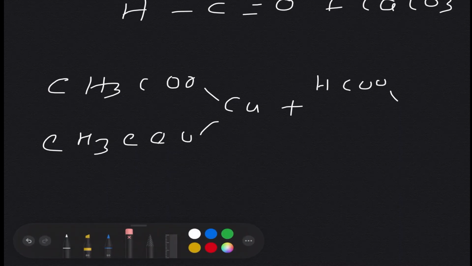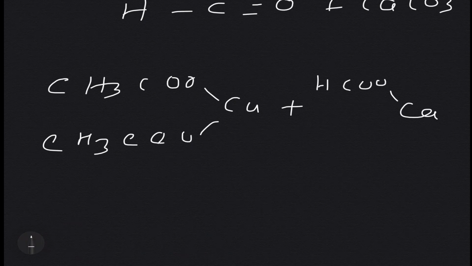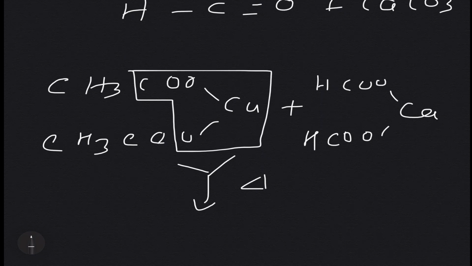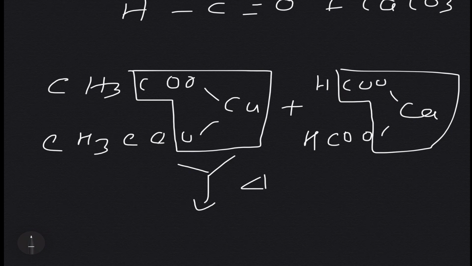This is a mixed formation. If you want to get acetaldehyde, you have to get a mixture of calcium acetate as well as calcium formate, dry distill it, and remove calcium carbonate, so you get CH3CHO.